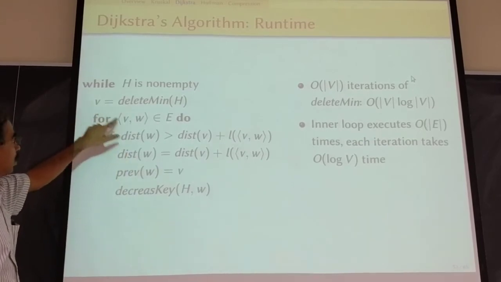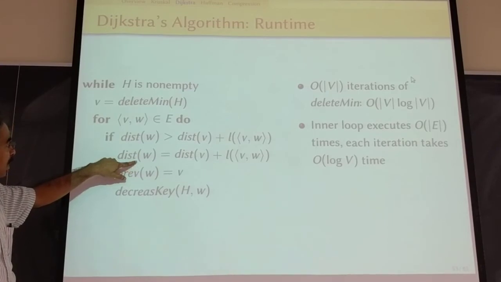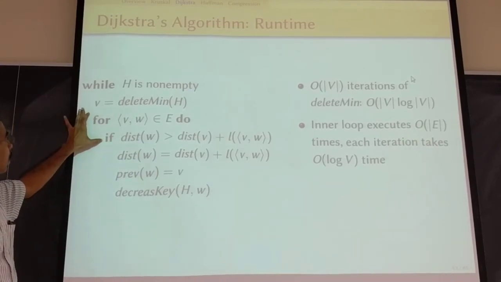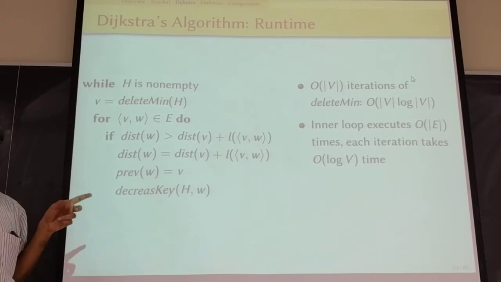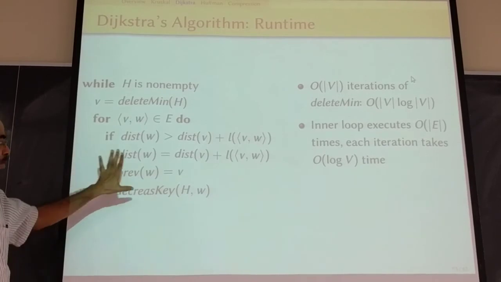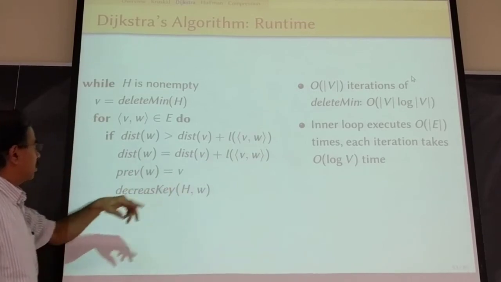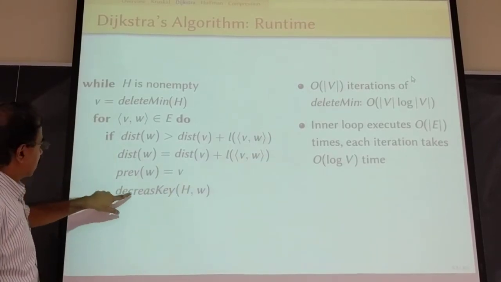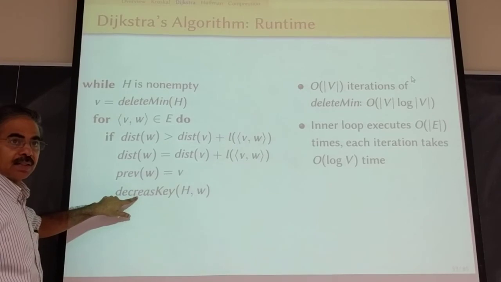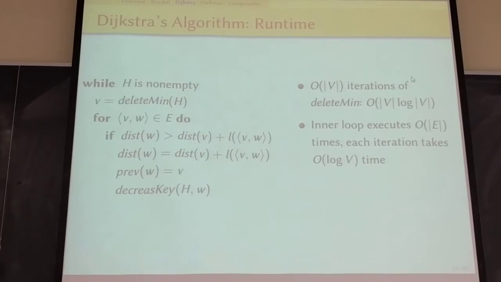The body of the inner loop in this nested loop structure is going to be executed exactly E times, right? Because it's going to be executed once for each edge, right? So that's why the inner loop executes order of E times, and each iteration takes O of log V because we have to do this decrease key, right? The decrease key is log V cost, so you're going to do O of log V. So you have the total time of E plus V log V, okay?